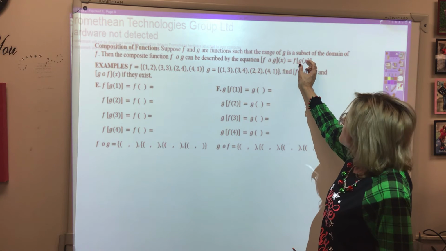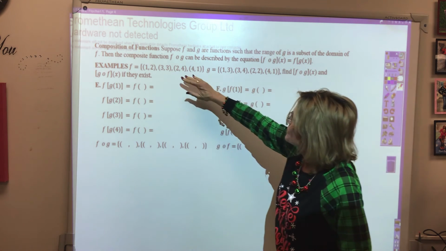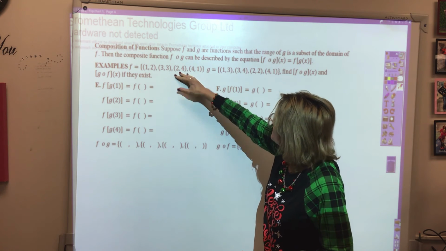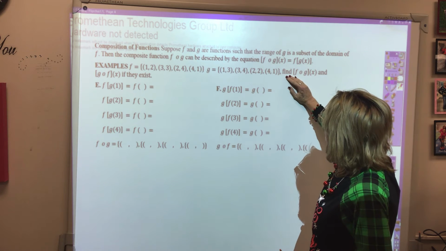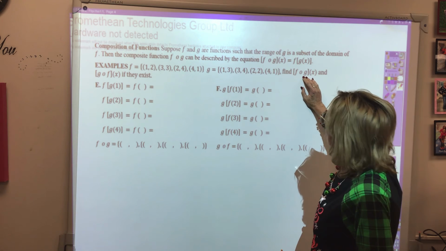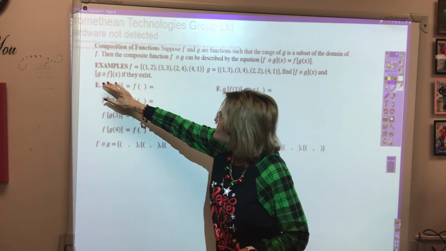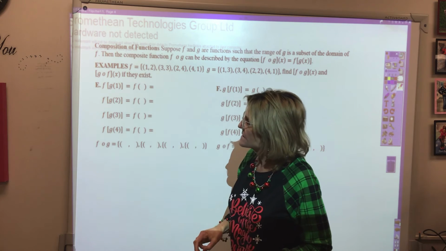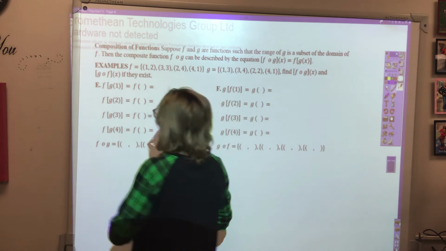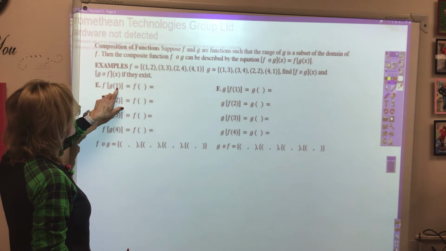So the way we're going to look at this is with the following example. We have these ordered pairs for f and these ordered pairs for g. And it says to find f of g of x and then g of f of x if they exist. So what you do is you take, it says f of g of 1.